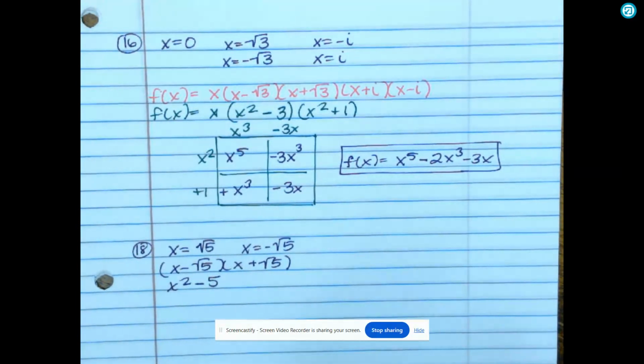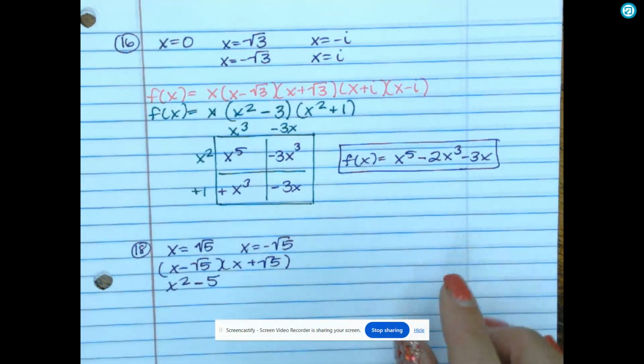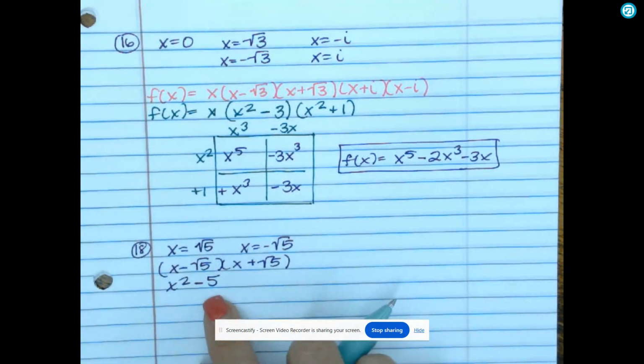So that is one of my factors. And the reason I need that is to find the other zeros. Now, I could have done several different things there, but I'm going to use this factor and divide by it. Or I could have done factor by grouping from the get-go. Either way, okay?